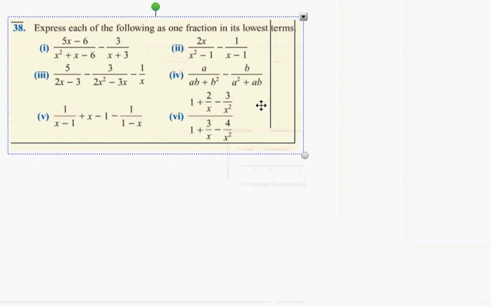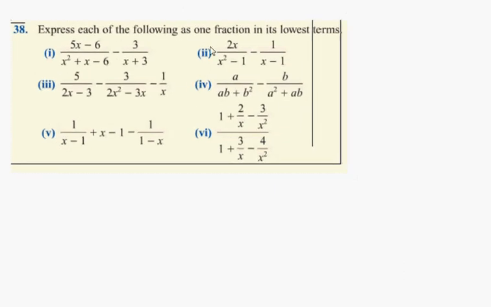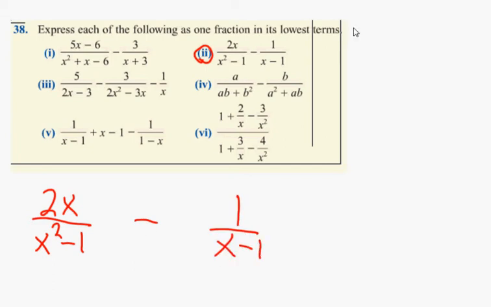the deal is with 2, 4, 5 and 6, you look across and you go, okay, question 2. You have 2x over x squared minus 1 minus 1 over x minus 1. I'm not gonna make a mistake, but I'm gonna make a misjudgment that will cost me a lot of time.